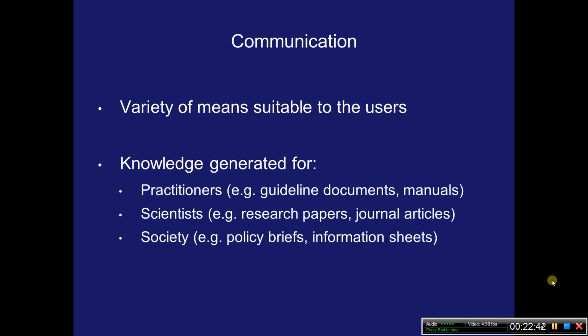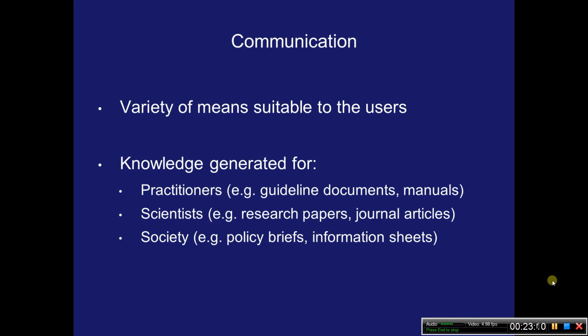Then lastly, communication. Because there are many stakeholders involved in the transdisciplinary research, it is important that the outcome of this research is communicated in a variety of ways that are suitable to the different users. So for example, guideline documents, manuals, technical manuals might be produced for practitioners, while research papers, journal articles, PhDs would be appropriate in the scientific environment.